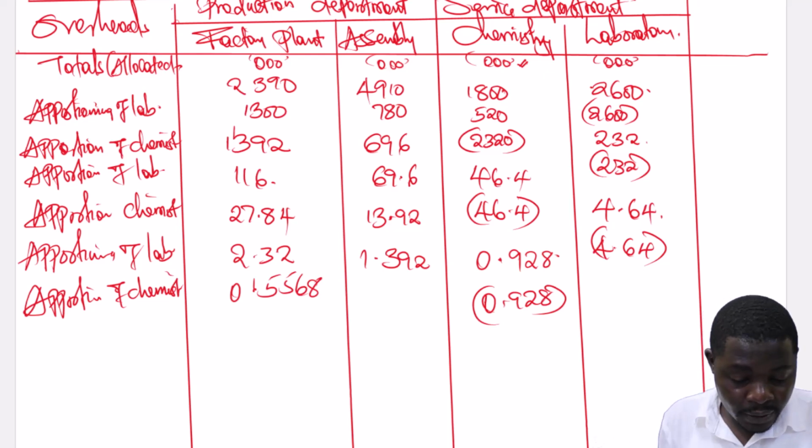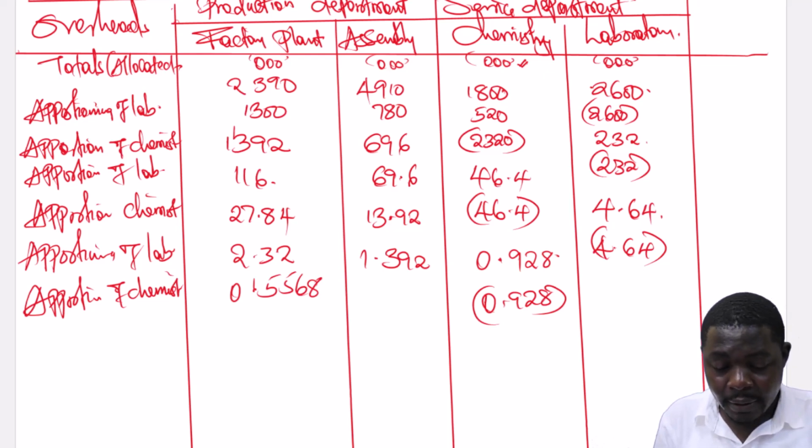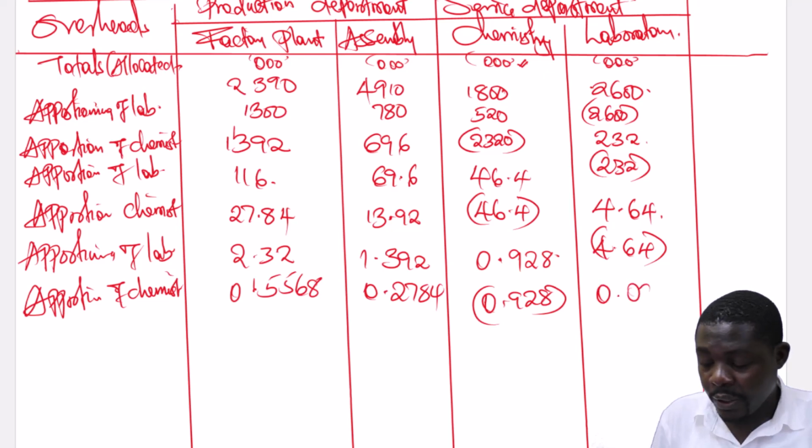Then we have 30, you get 0.2784. Then 10, yes, 10 to the lab, it becomes 0.0928. Guess we can stop there.